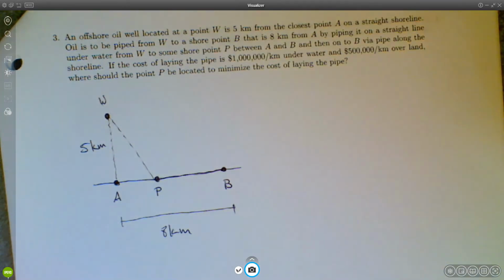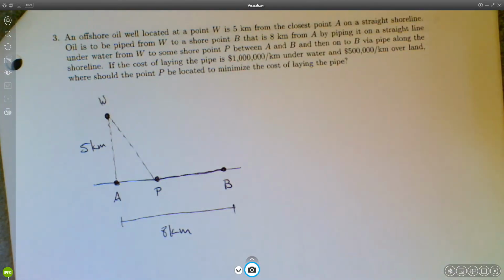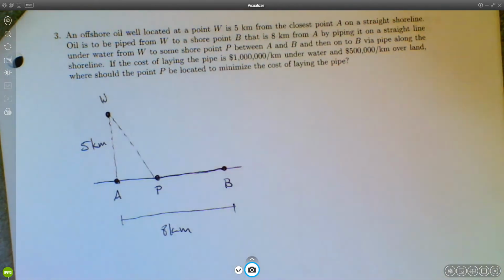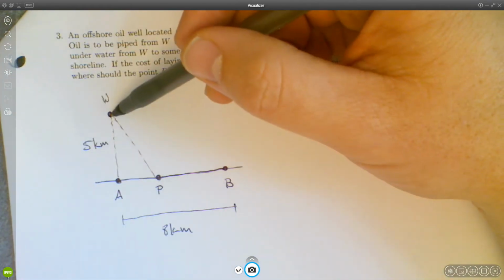Well, what's the cost of laying the pipe, right? So the thing that we want to minimize is the cost. So the cost of laying the pipe, we know that it costs $1 million per kilometer underwater.